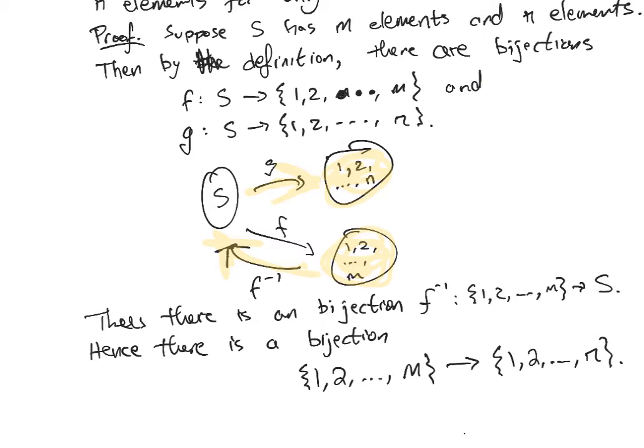So we just have to remember our convention for that: we do F inverse first, and then follow it with G. So that is our bijection from 1, 2 up to m to 1, 2 up to n. And now we basically just remove that set S. We don't care about it.